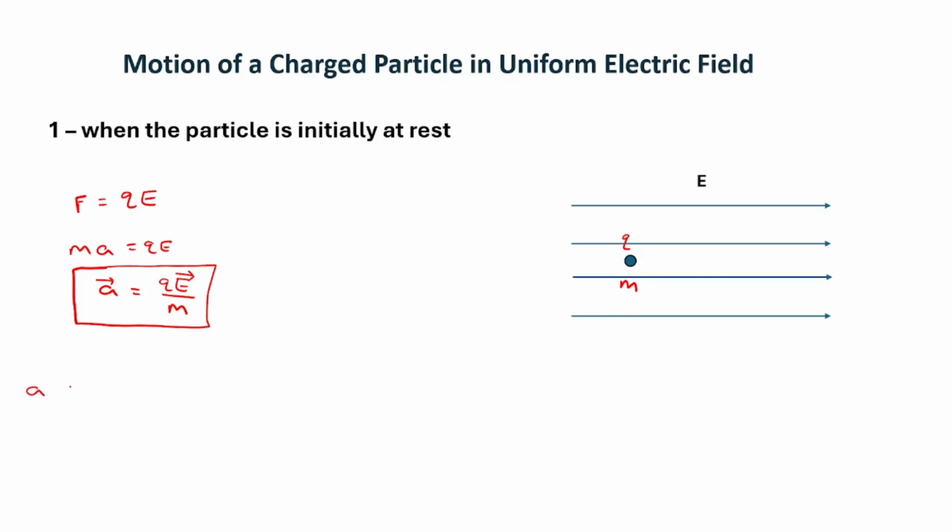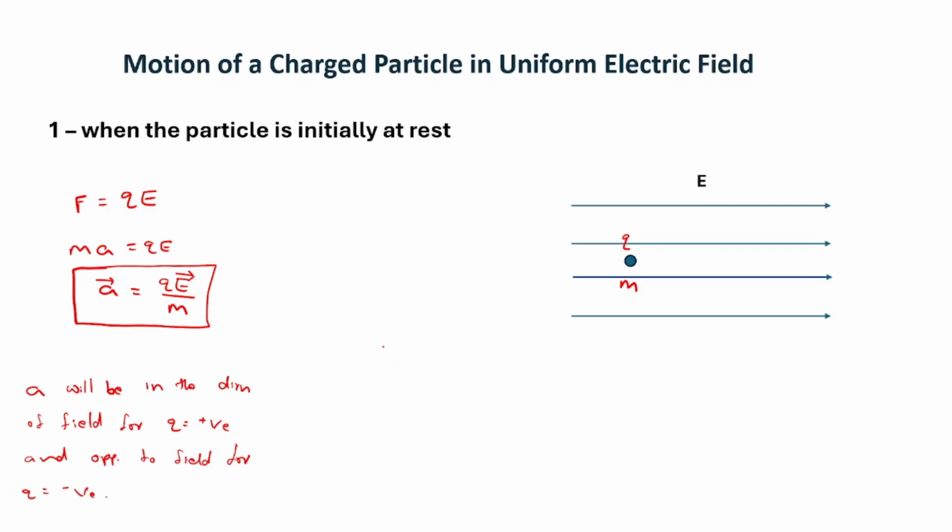So a will be in the direction of field for Q is equal to positive, and opposite to field for Q is equal to negative.